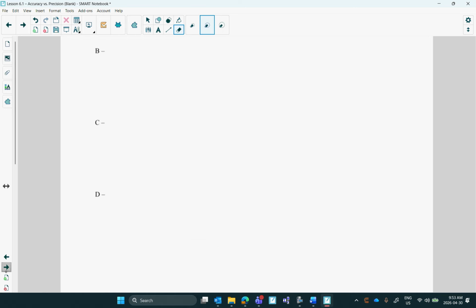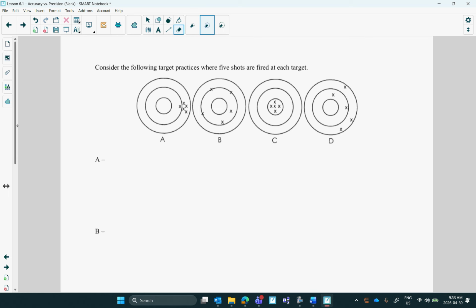Okay, so going back to accuracy versus precision. Let's say you're shooting at a target. And four people are shooting at 4 targets. And person A takes 5 shots there. Is that accurate? Well, were they trying to aim there?